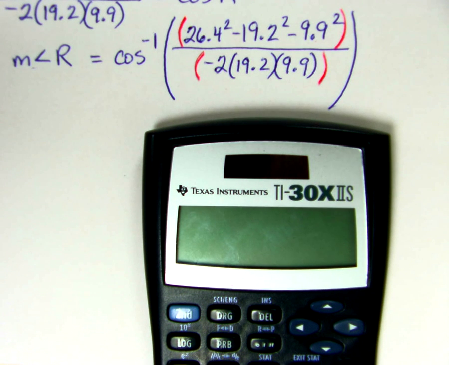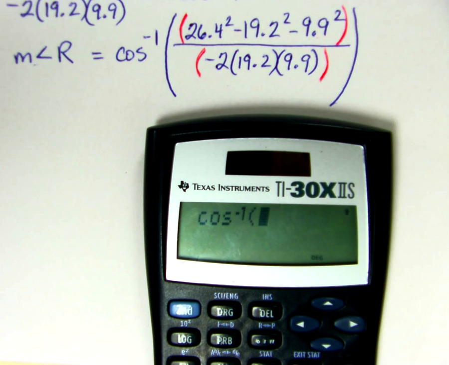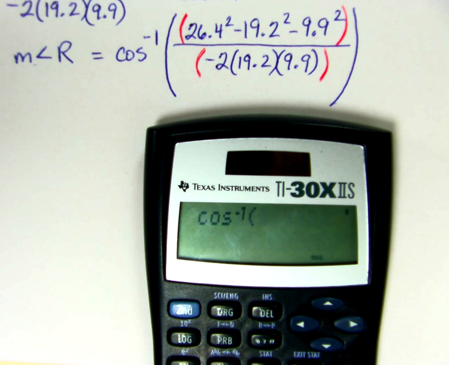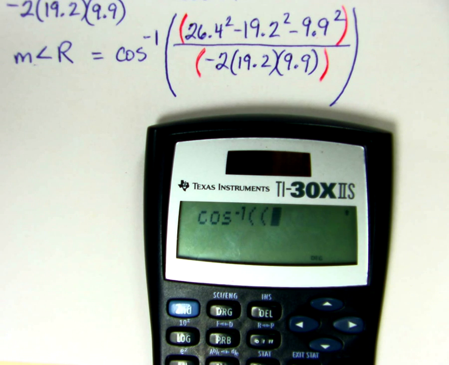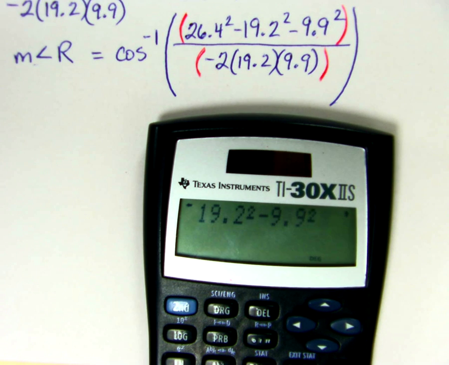This one I can do just the way I see it. So I'm going to have inverse cosine. Now I have to put that left parenthesis for the numerator that you put in. So now I have another parenthesis. Now I'm going to do all of the numerator: 26 and 4 tenths squared minus 19 and 2 tenths squared minus 9 and 9 tenths squared, then close off the numerator.